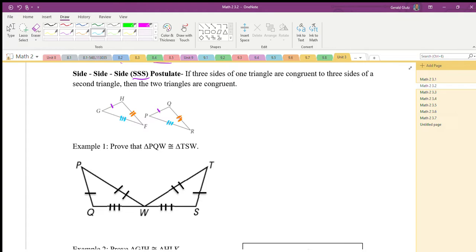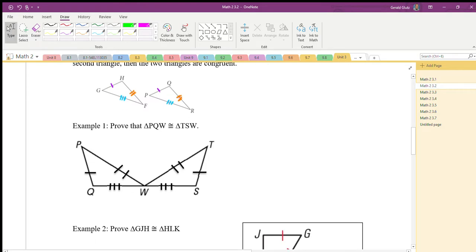So in example 1, when I need to prove that triangle PQW is congruent to triangle TSW, I'm going to try to use the side postulate. So side PQ is congruent to side TS. And then PW is congruent to TW.